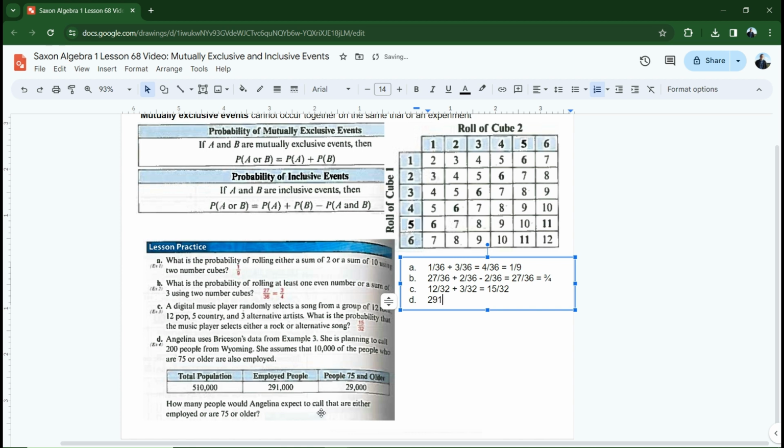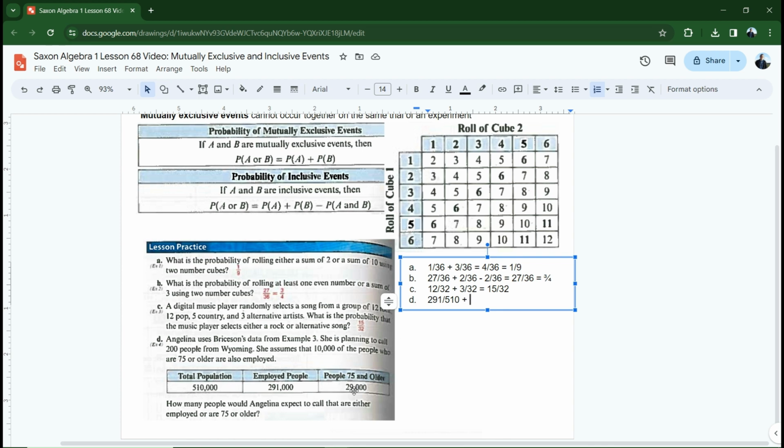So it's going to be 291,000 over 510,000. Whoa, all these extra zeros. I could just get rid of the zeros and say this is 291 over 510. Okay? And I'm going to add to that the people. Let's see. So what is the probability she's going to get either somebody employed or 75 or older?